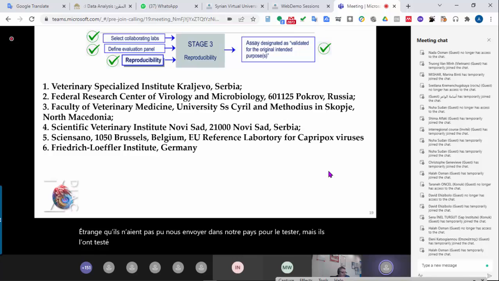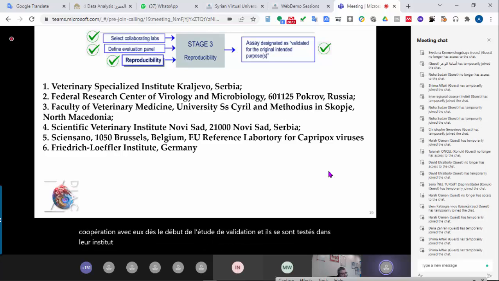Also, the laboratory of the Faculty of Veterinary Medicine in Skopje, in North Macedonia. We have had cooperation with them from the beginning of the validation study, and they tested our assays in their institute, in their laboratory, on their instrument, with their reagents, on their own positive samples.